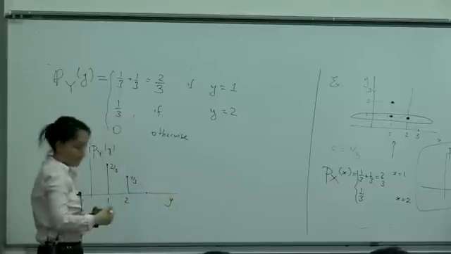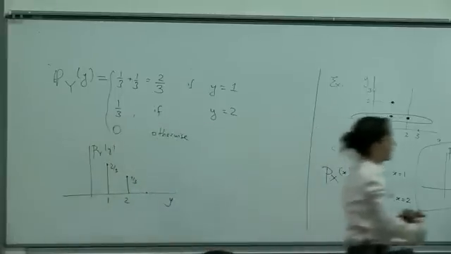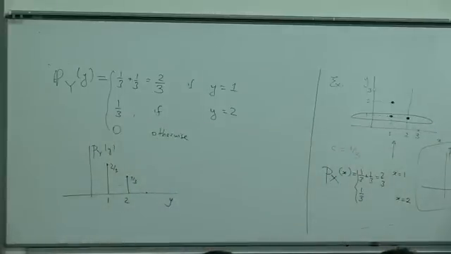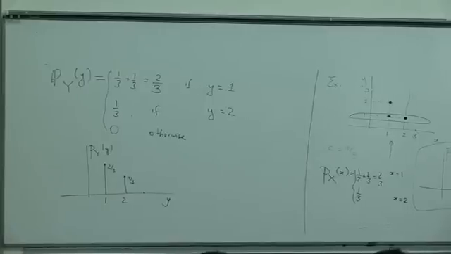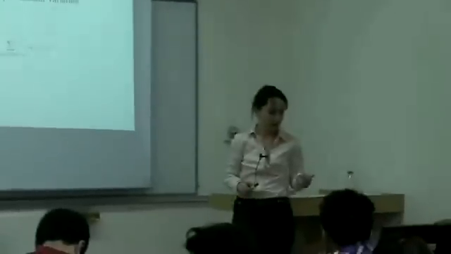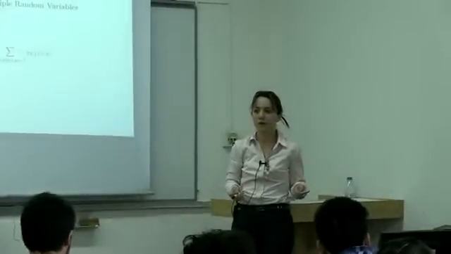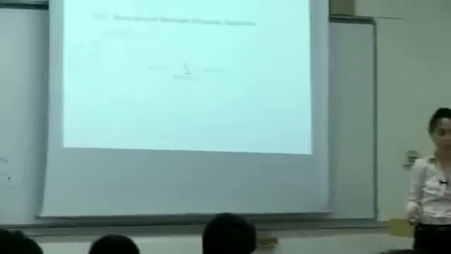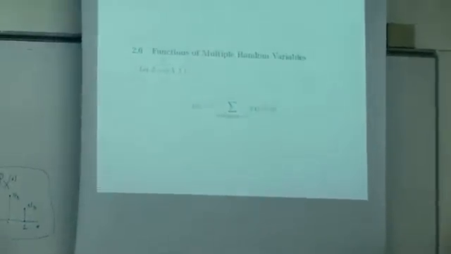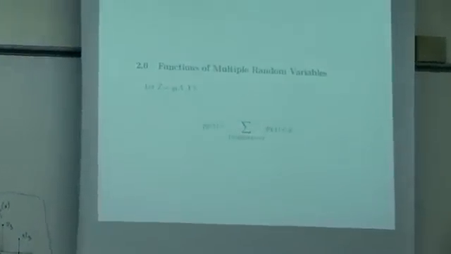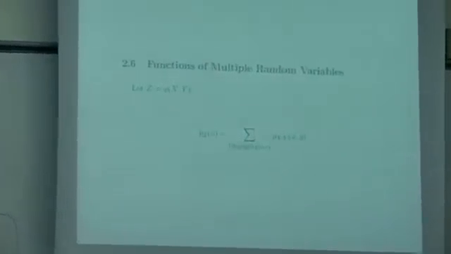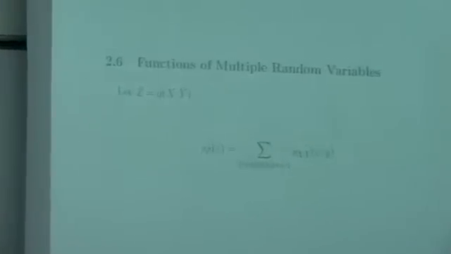Okay, are there any questions? Okay. Last lecture we said a function of a random variable is also a random variable. Now we have two random variables. Natural extension is to consider a function of two random variables.